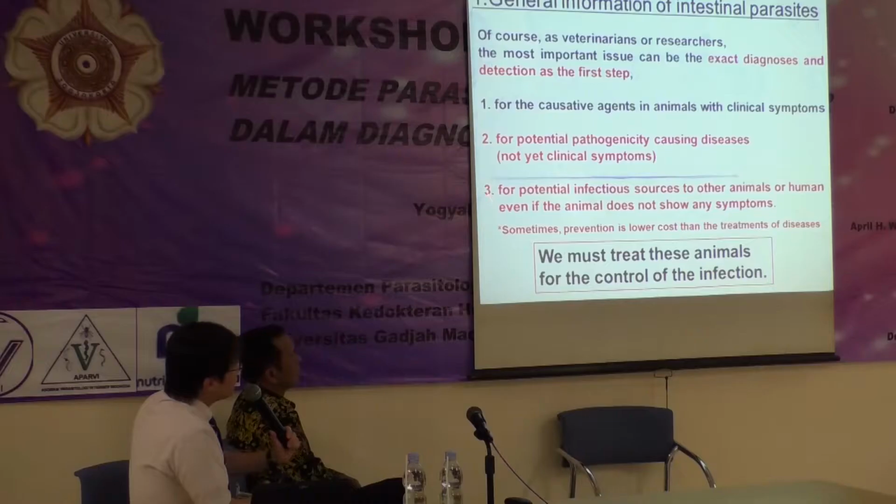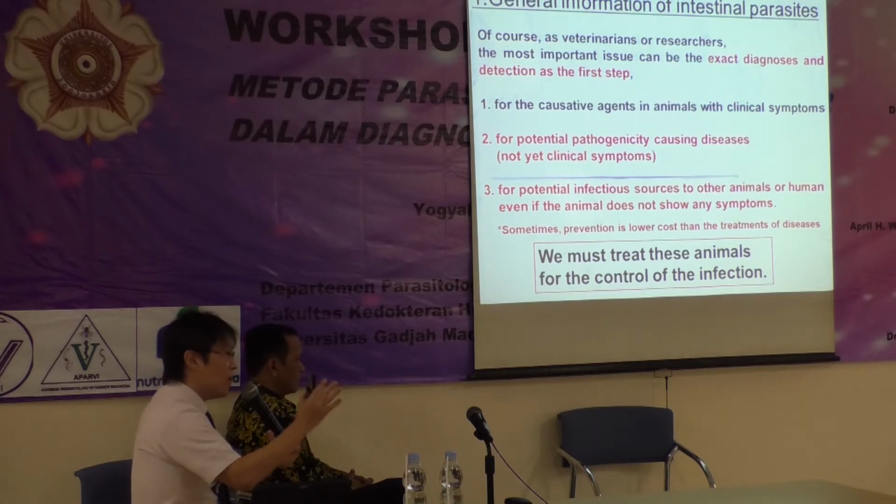First, to identify the causative agent in animals and the clinical symptoms. Second, to assess potential pathogenicity causing disease. Even if the animal does not yet show clinical symptoms, we must detect before clinical signs appear. Third, to identify potential infection sources for other animals.